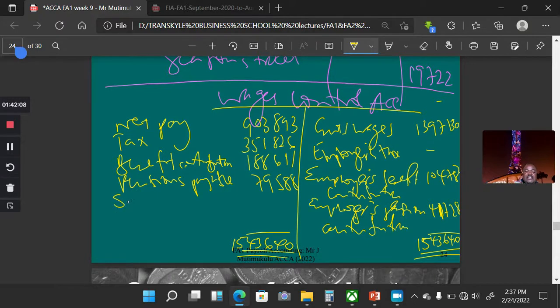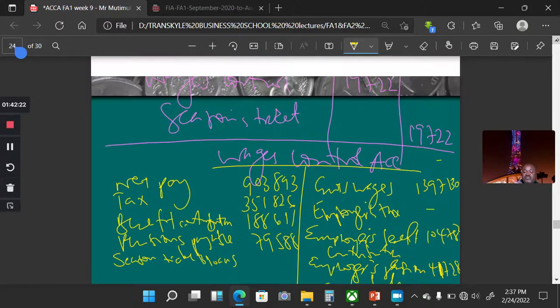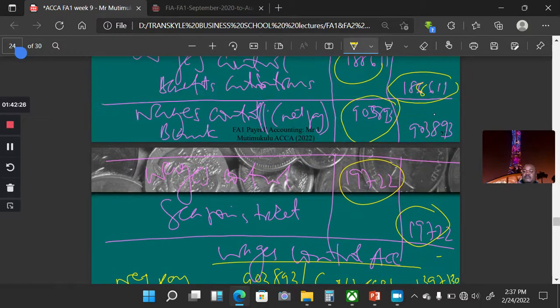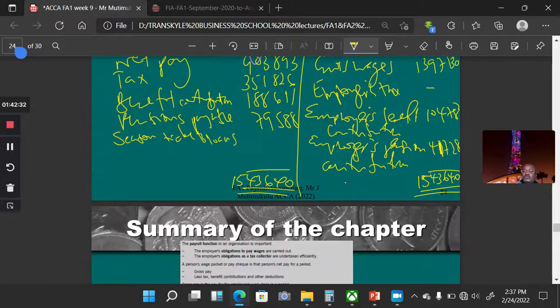Then the season ticket loans, you have to factor them in, and this was the value: $19,722.